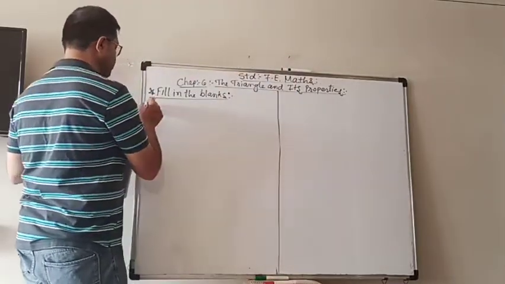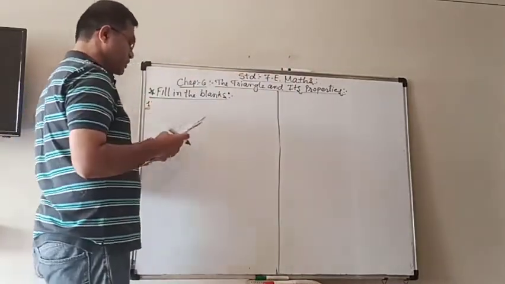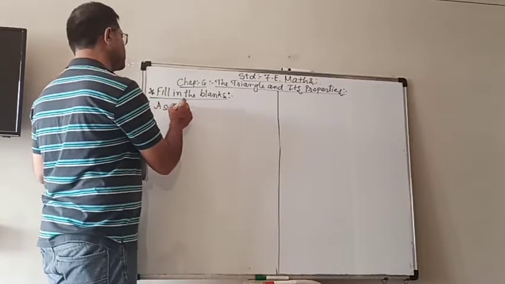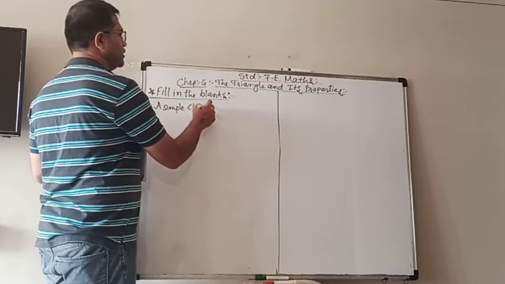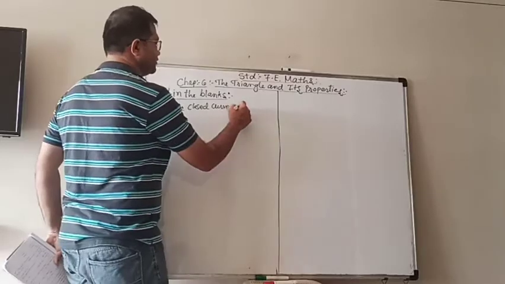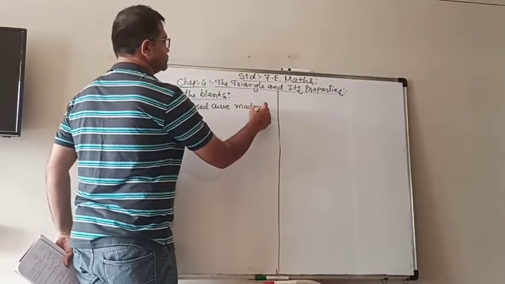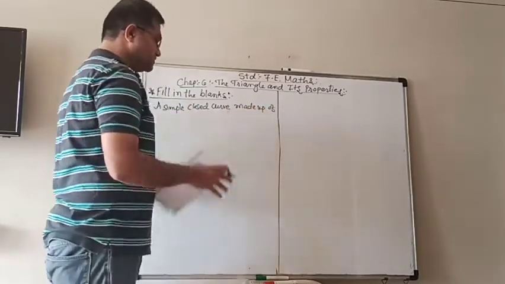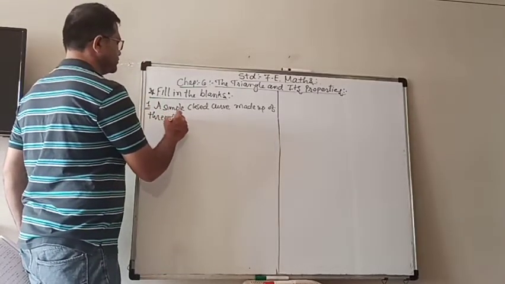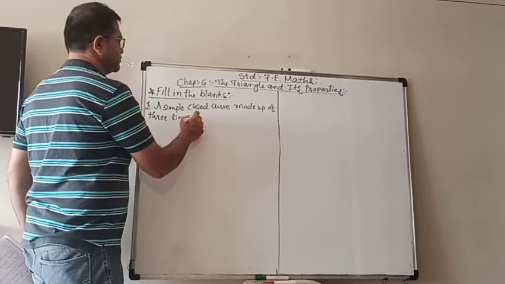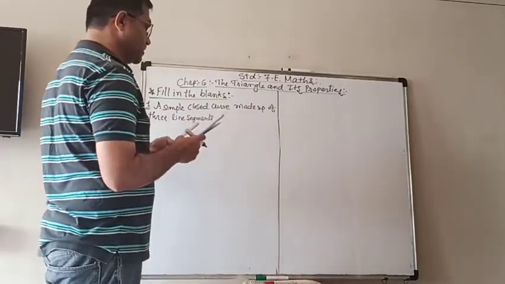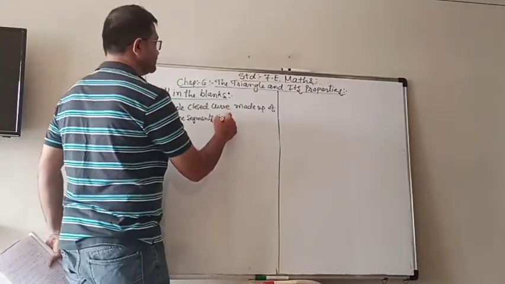First blank. A simple closed curve made up of 3 line segments is called blank.